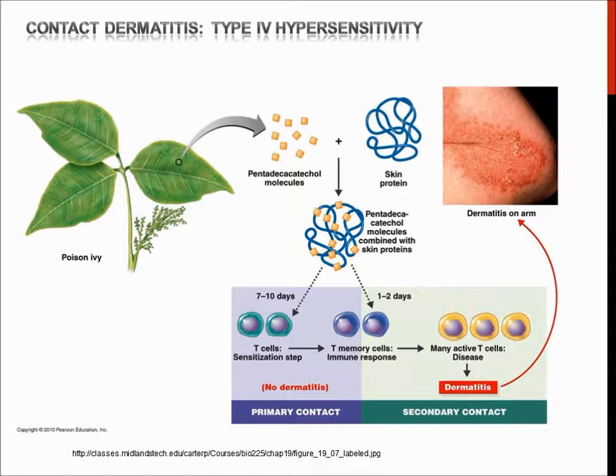In this case, the pentadecacatechol molecules. It usually necessitates 1 to 2 weeks for the body to become sensitized. During this time period, T cells are busy producing memory cells to respond to the antigen when it's encountered again.